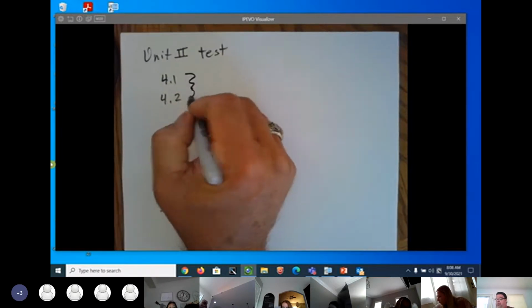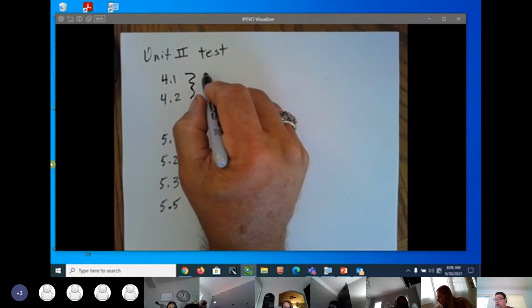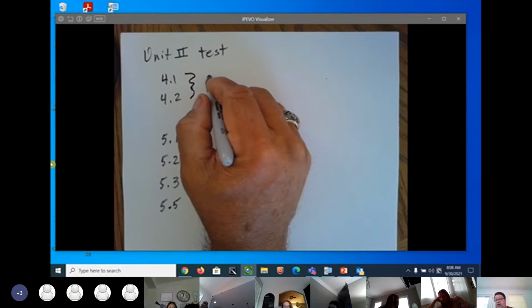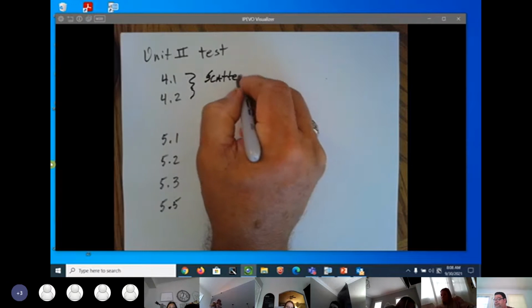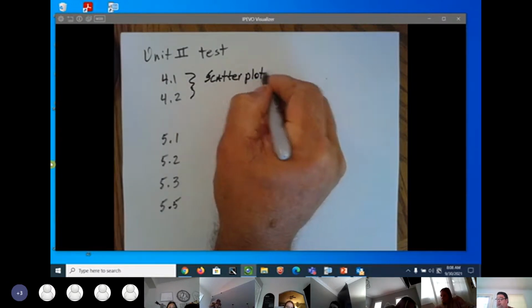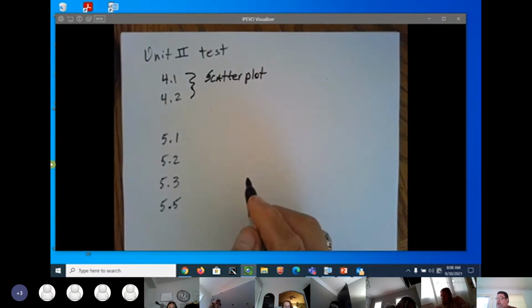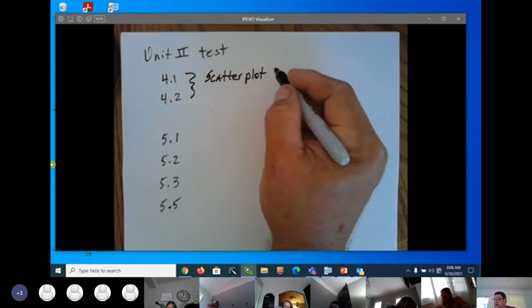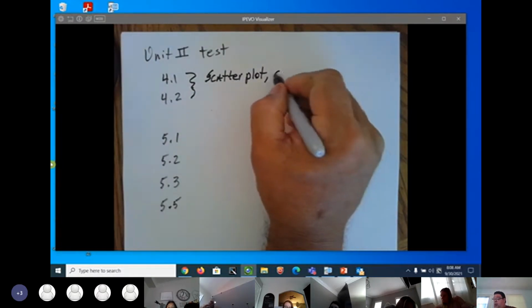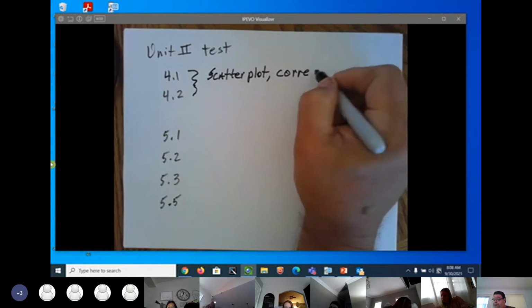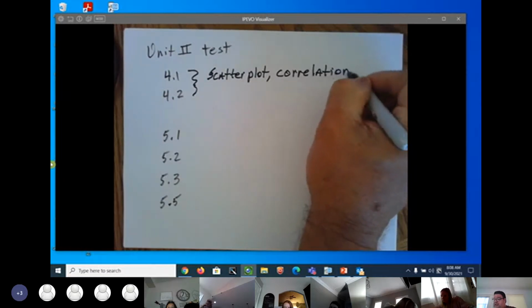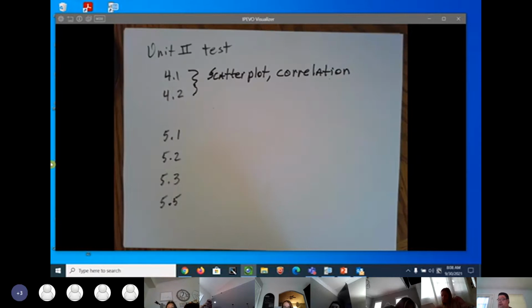In 4.1 and 4.2, I will test you on the, I can't think of the name of it, scatter plot. Make sure you can do it on a calculator and the spreadsheet. Correlation: make sure you can test the correlation coefficient against a critical value like we talked about.